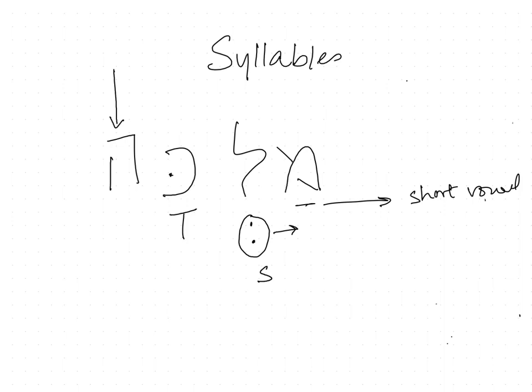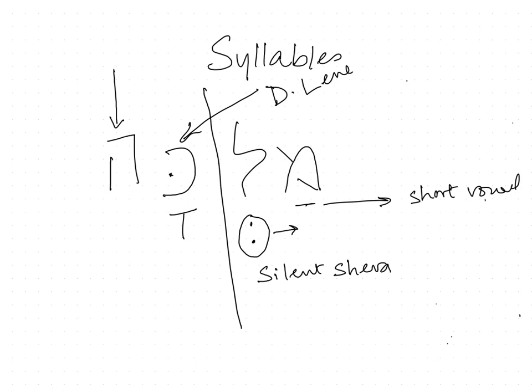All right, so this will be a silent shva. Another clue that I know that this is a silent shva comes from this kaf. Can you see there's a dagesh lene present? If there's a dagesh lene, it indicates this is a silent shva here. Okay, which means if this is a silent shva, I can break my syllable here.